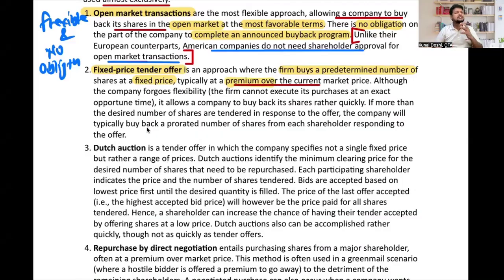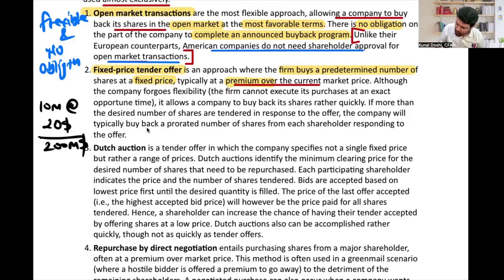This is what I also encountered when dealing with companies in India, where this is the most common method. The company announces, hey, we are going to buy back 10 million shares at, let's say, $20 each. So basically, it's a $200 million buyback.